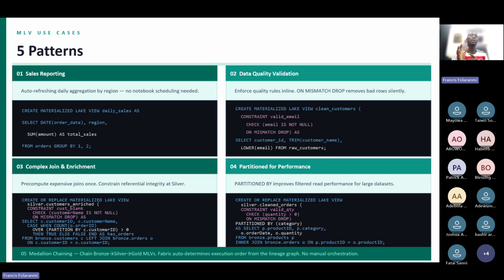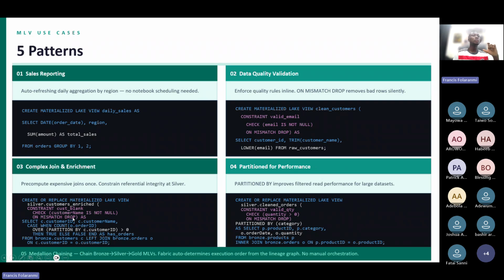Another thing you can use it for is to partition large data sets so that your data is grouped. If you look at some of these scripts closely, starting from the select statement, you will see that this is just a simple window function, for example. And all these are just syntaxes to define the Materialized Lakeview itself. And of course, there is a constraint here that is checking if the customer name is not null.